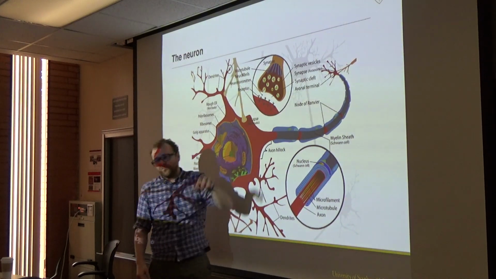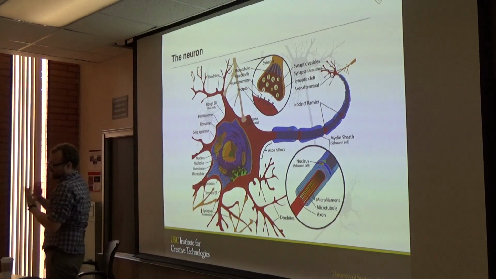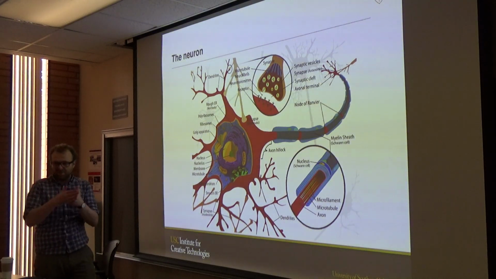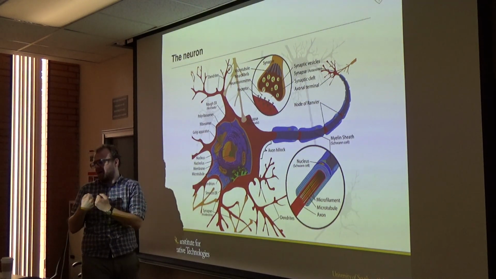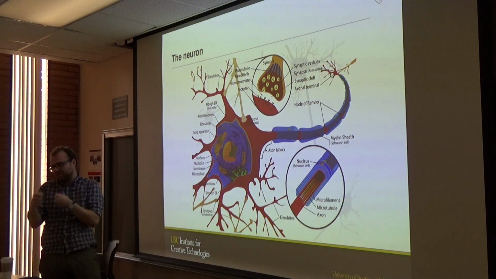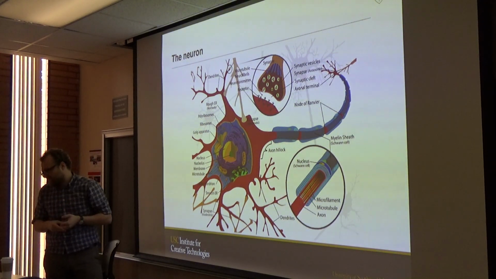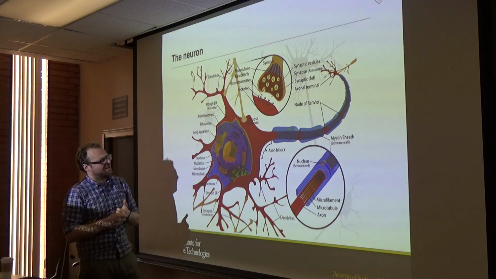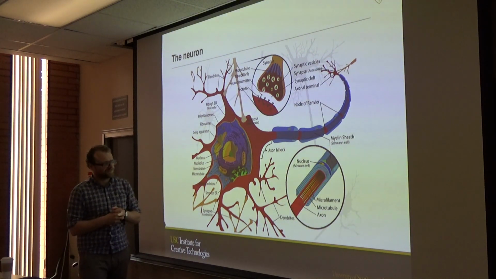Basically, if we want an excitatory connection between the two neurons, we have a positive weight, and if we want an inhibitory connection, we just have a negative weight. And that's kind of the key here, okay?